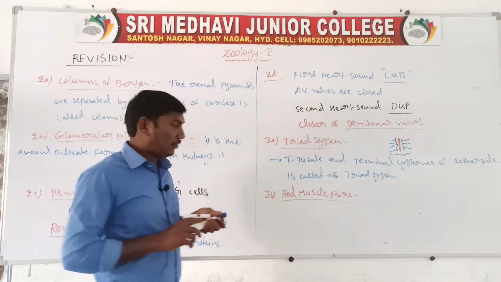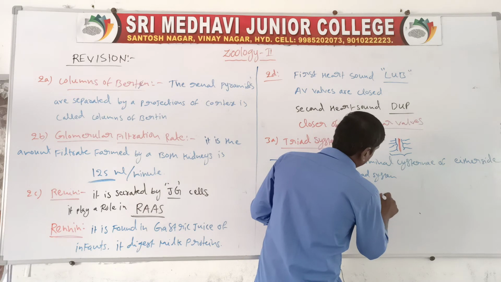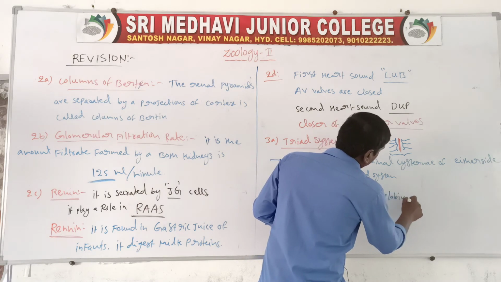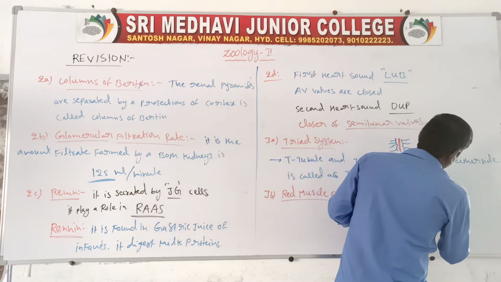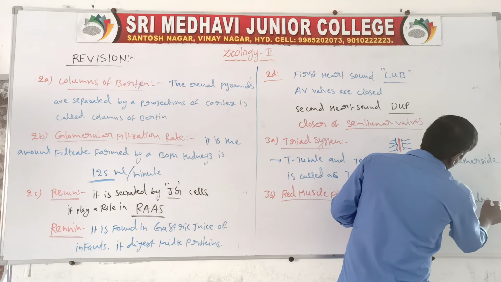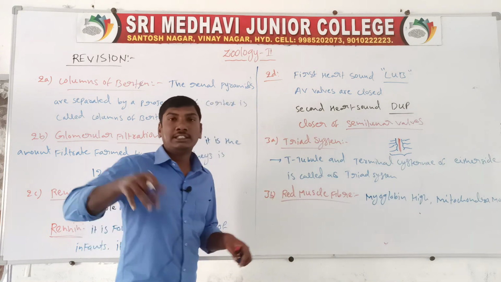Myoglobin is high, mitochondria are more.